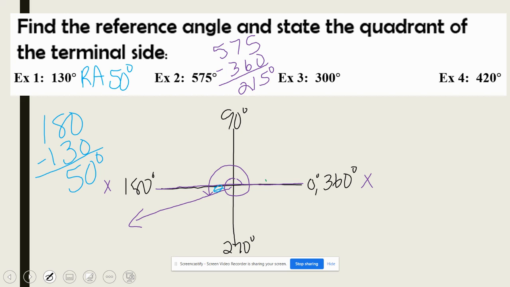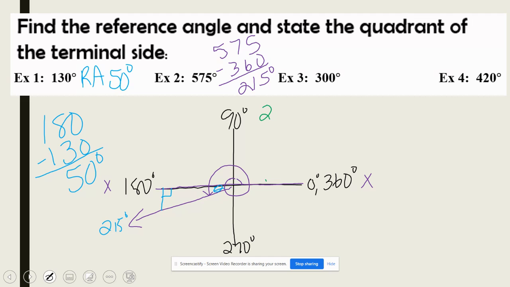Again, it's always got to touch the x-axis and the origin. Our nearest x-axis for our perpendicular line is the 180. And this time I'm going to use the 215, the extra 215 that we went around to get to our 575.